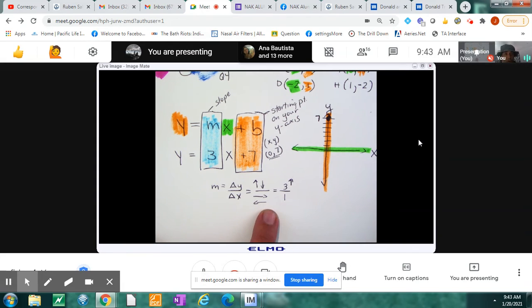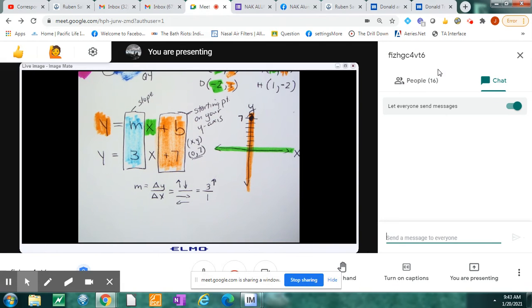On the x. Oh, I know you type in your answers. It's going to go where? To the right? Yes, to the right because it's positive. All right? Because it's positive. Remember, anything to the right is positive.